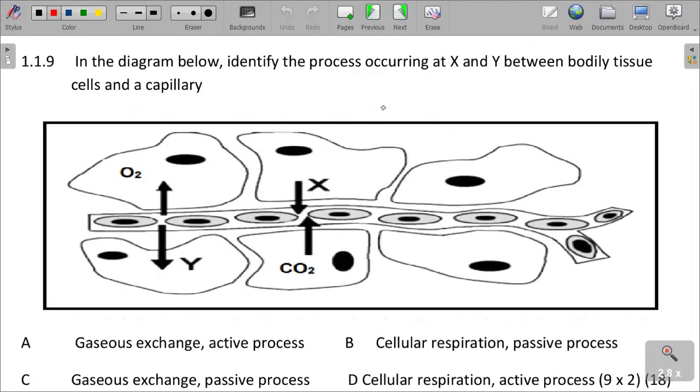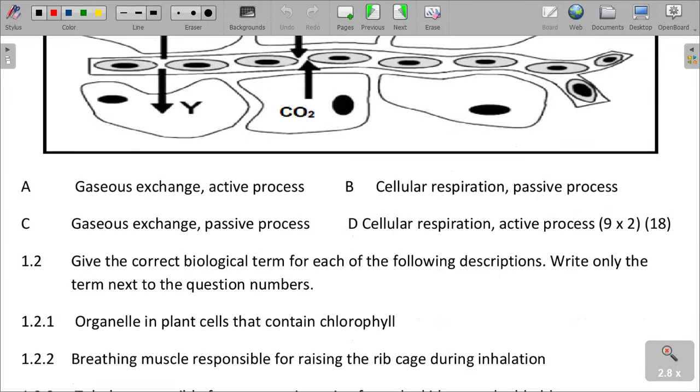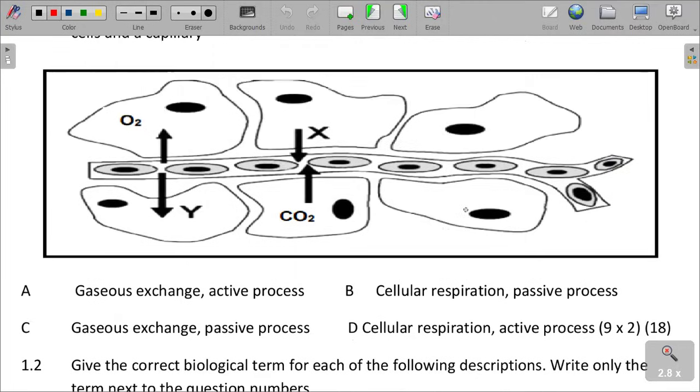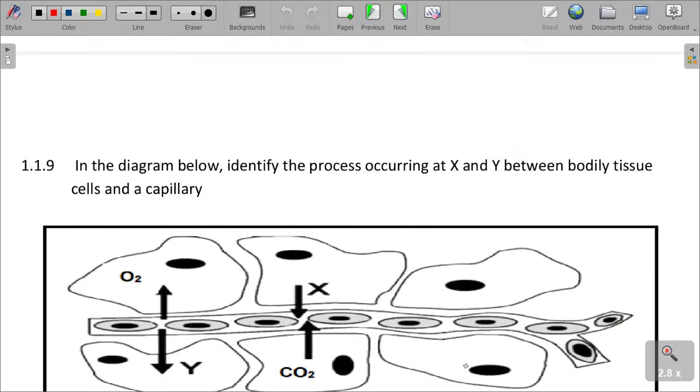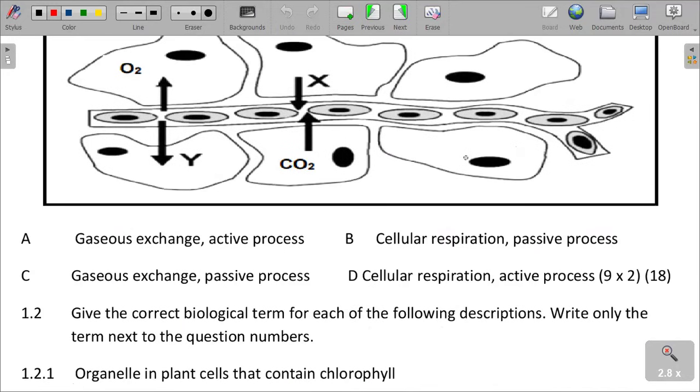So the diagram identifies the process occurring at X and Y between both the tissue cells and a capillary. So we need to find which one that is. So this is number 9. What is happening is that it shows gaseous exchange in a passive process, that is to say, oxygen and carbon dioxide exchange.